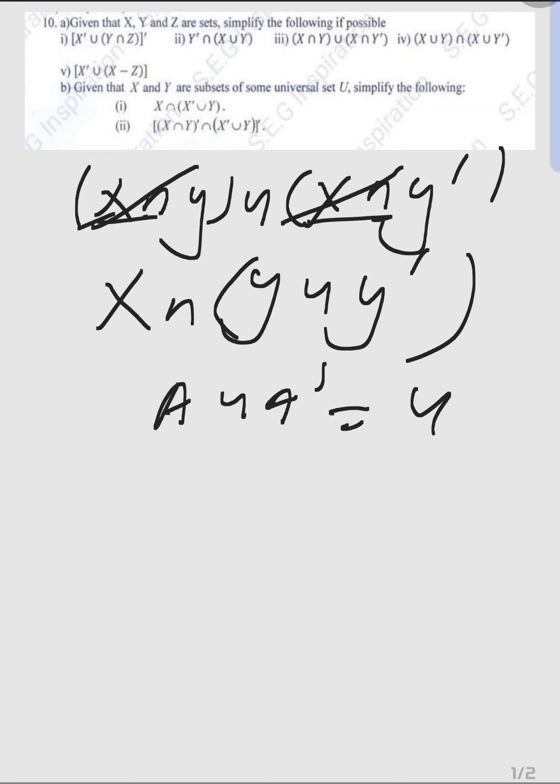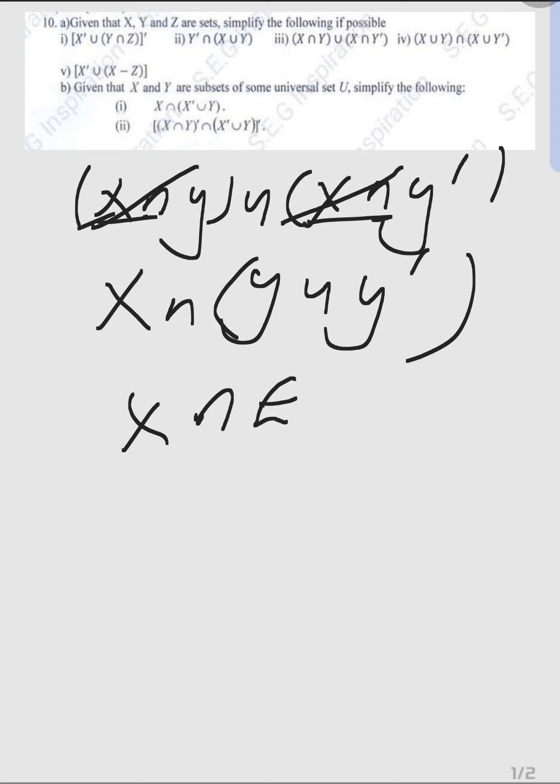So if you bring in that set plus what is left in the universal, it will make up the universal. So y union y complement means x intersection universal, or U in other words.